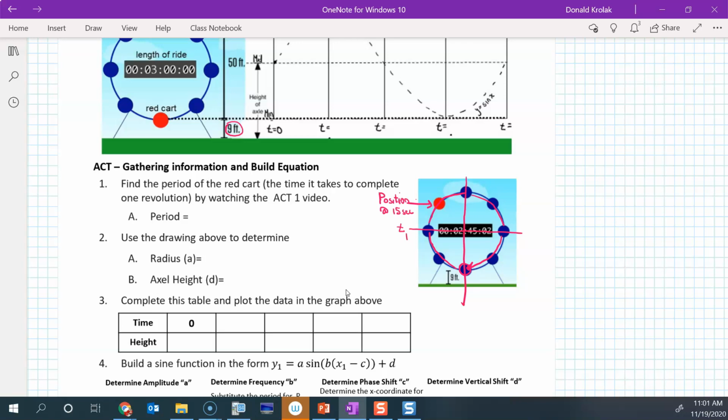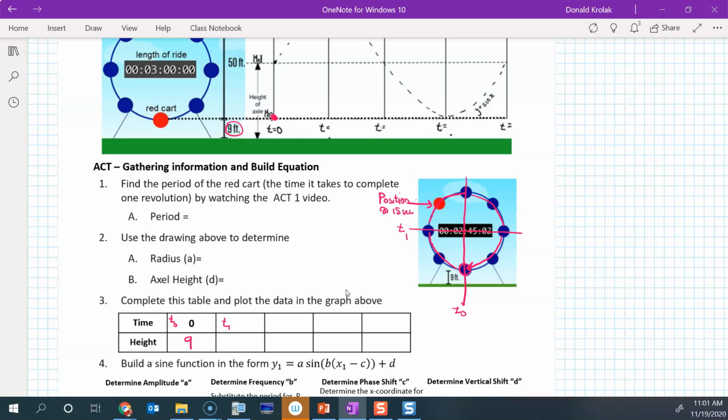That's your first time. This is time 0. So your height at 0 seconds is what, guys? 9. So at 0 seconds, my height is 9 feet. So I can put a dot right there. Now, you're going to be filling in the times for these. This was the initial time.